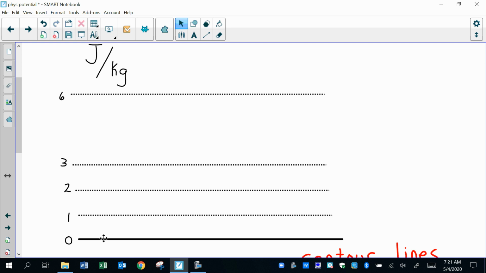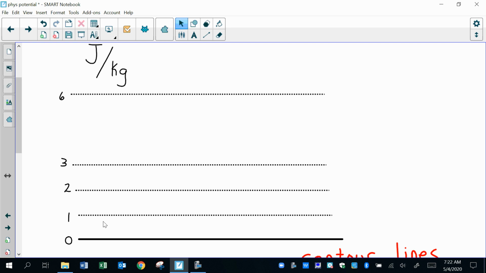If I step up one stair, I just increased my energy, 1 unit of energy per kilogram that I have, perhaps. If I take a second step, what happens if I walk back and forth across that step? Do I get any higher? Do I change my potential? I don't think so. So everywhere along this dotted line is going to be the same amount of potential, the same amount of potential energy as well.